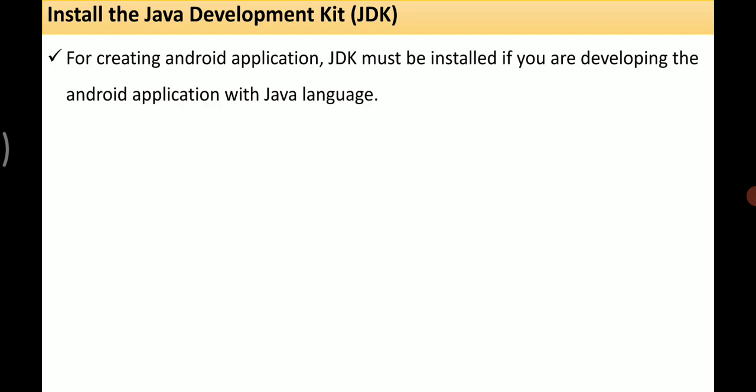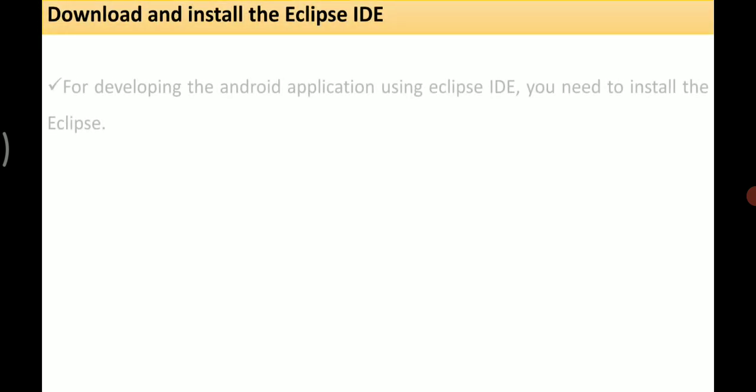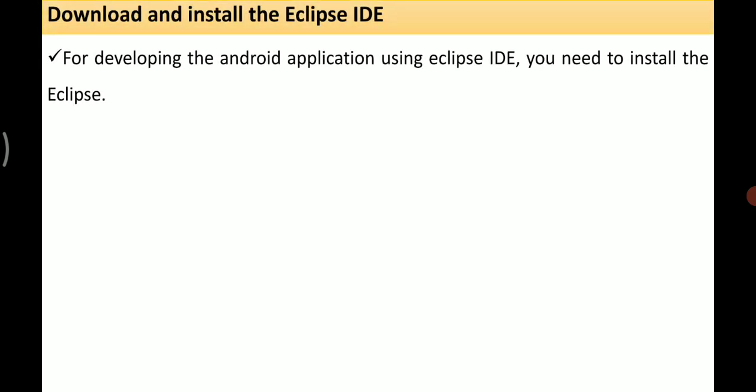Therefore, first we install the Java Development Kit. Next is to download and install the Eclipse IDE. For developing any Android application using the Eclipse IDE, we first download Eclipse and then we install it.